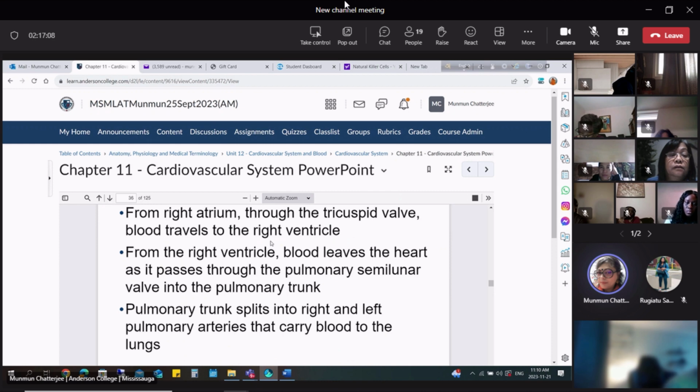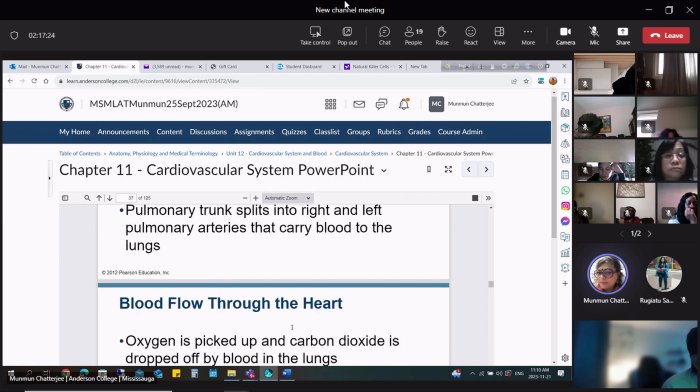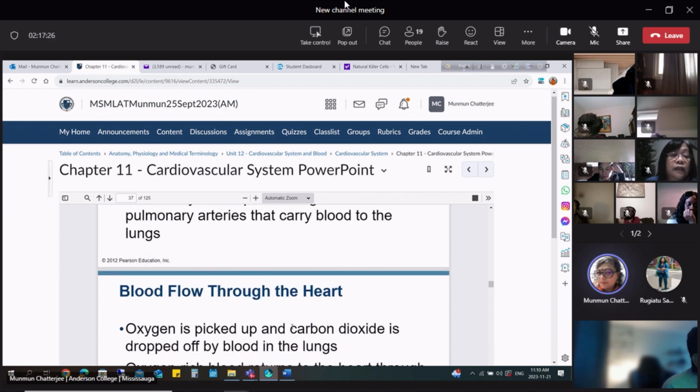From the right ventricle, blood leaves the heart, passes through the pulmonary semilunar valve into the pulmonary trunk, and then the pulmonary trunk splits into right and left pulmonary arteries and carries blood to the lungs, because there are two lungs, one on each side.